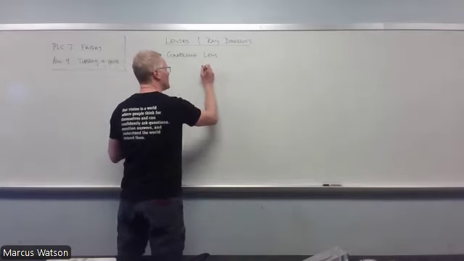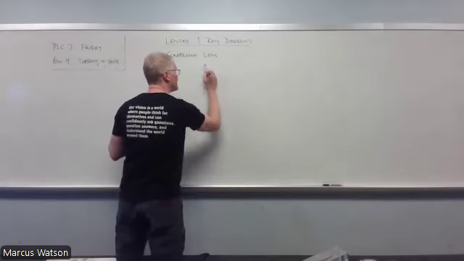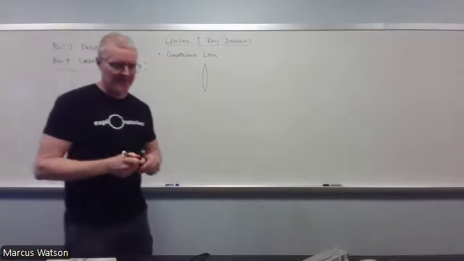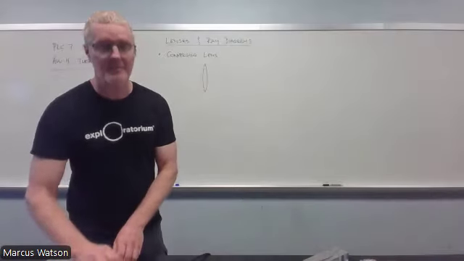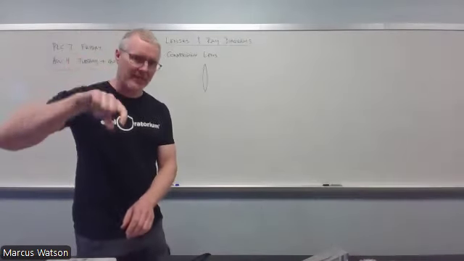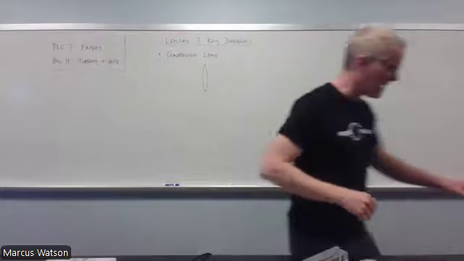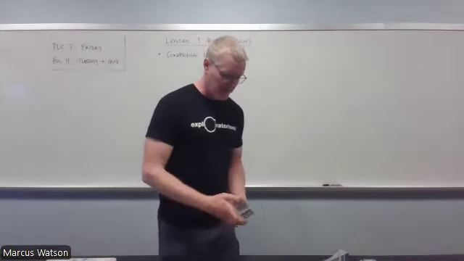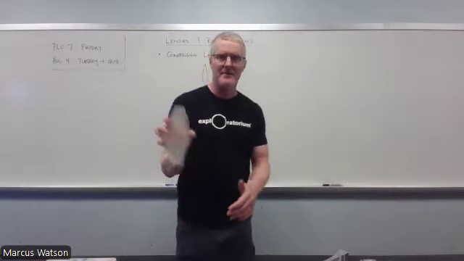So the converging lens is this one, where it's thin at the ends and thicker in the middle, so that it looks like this, okay?